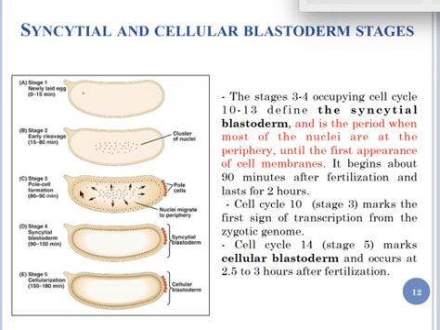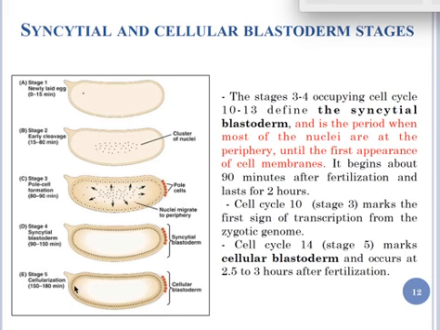So you can see here the syncytial blastoderm stage, when all the nuclei have migrated from the center to the periphery. Once these nuclei are completely cellularized, so each of them is completely surrounded by its own cell membrane, the stage is called cellular blastoderm.